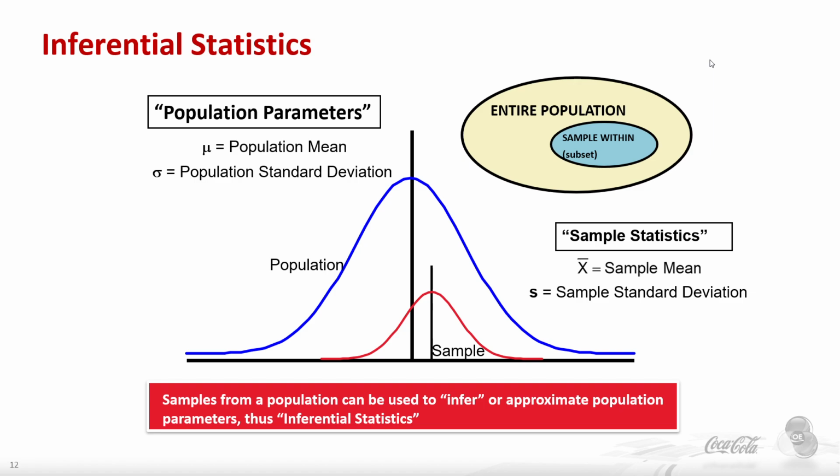Then we have small s, which is the sample standard deviation. So two different types of definitions are used for population mean and population standard deviation, or sample mean and sample standard deviation. We will be using both of these in our different types of analysis. Samples from a population can be used to infer or approximate population parameters. Thus, these are inferential statistics.